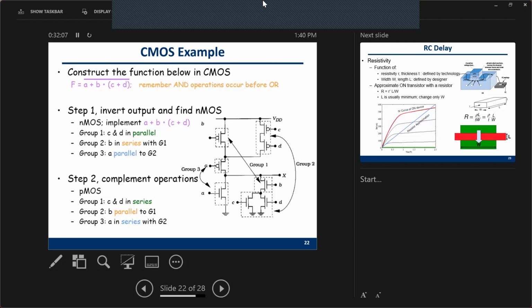For the pull-up network, we can apply the De Morgan law on this F, and then implement this piece of logic directly. So in this way, I will write down the De Morgan law first.